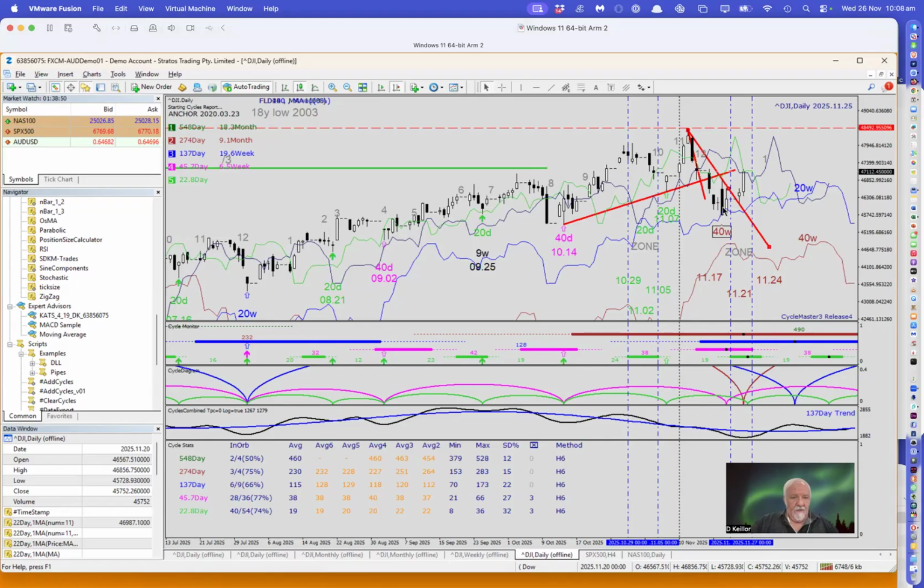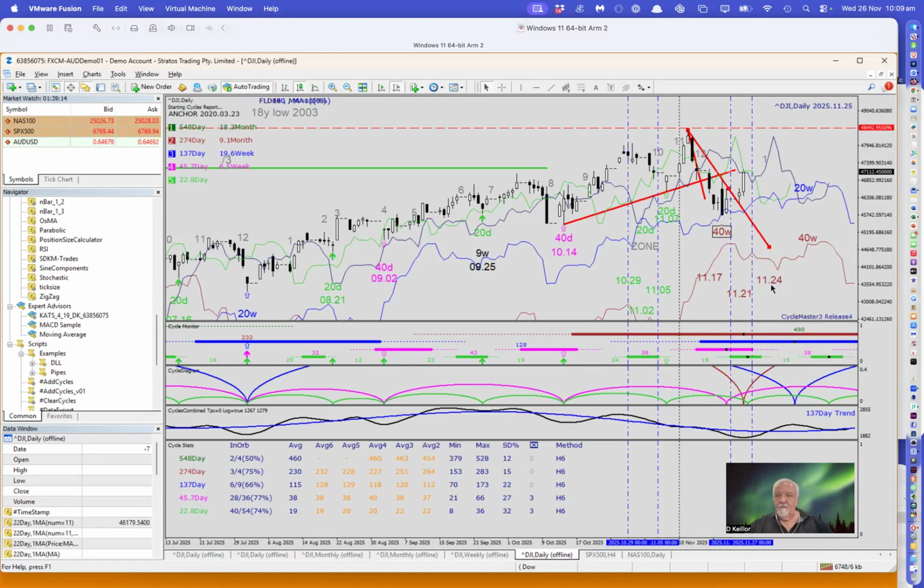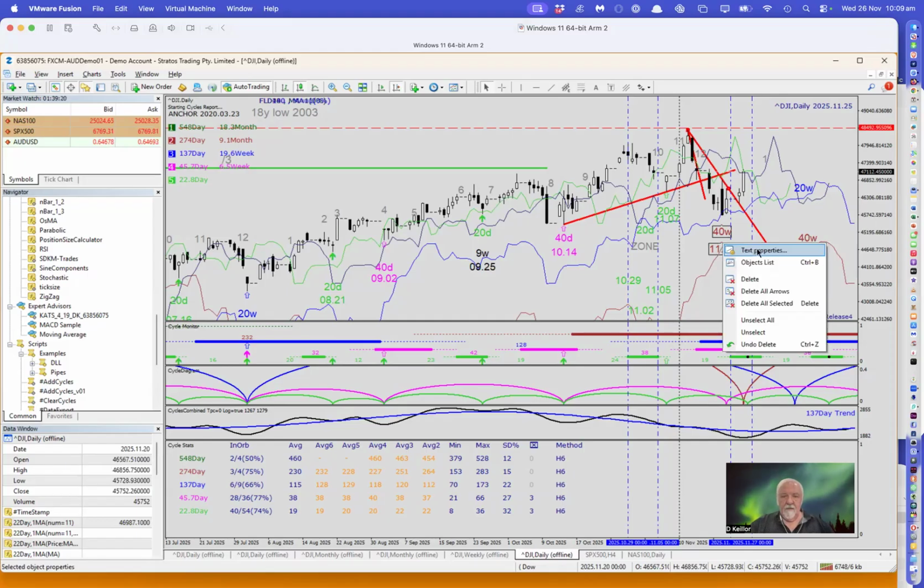This was the 20th of the 11th. That's not bad considering we had a zone between the 17th and the 24th. So we can label that low the 20th.